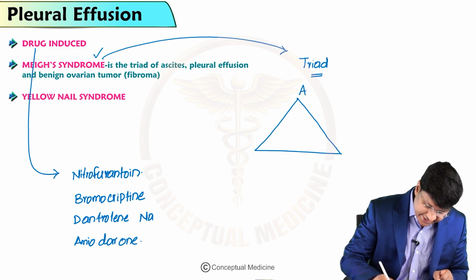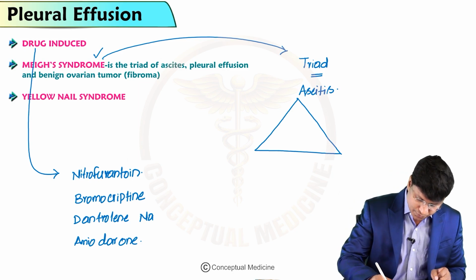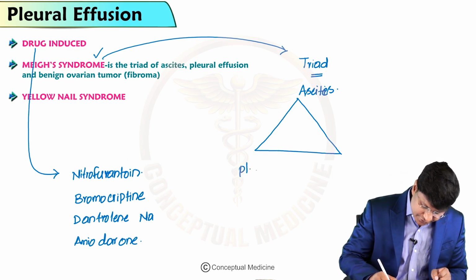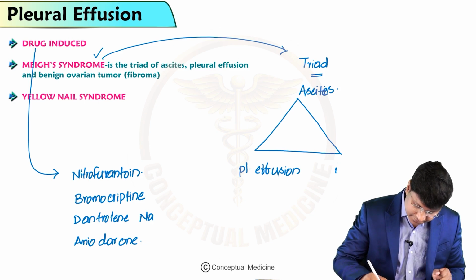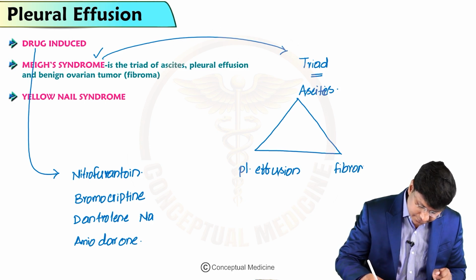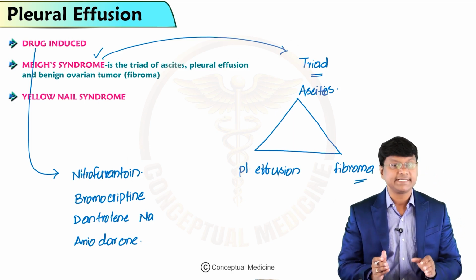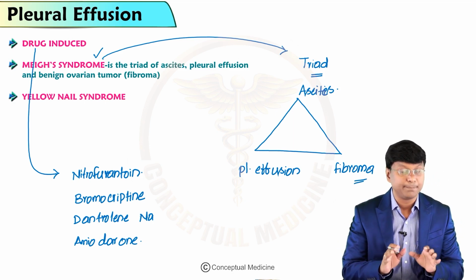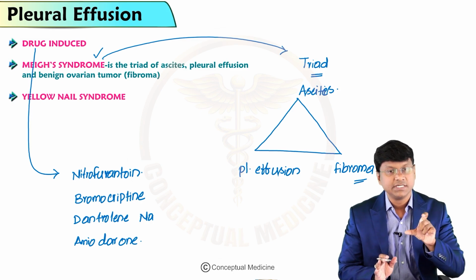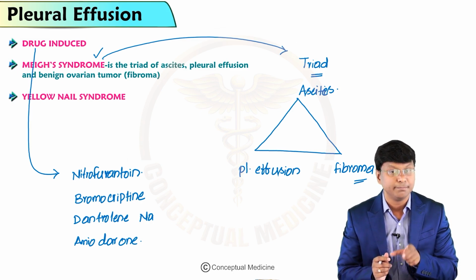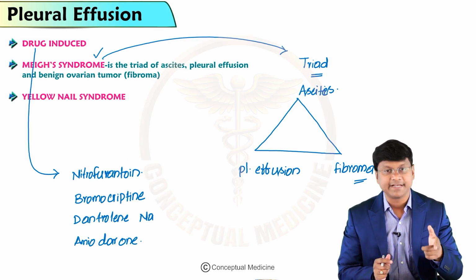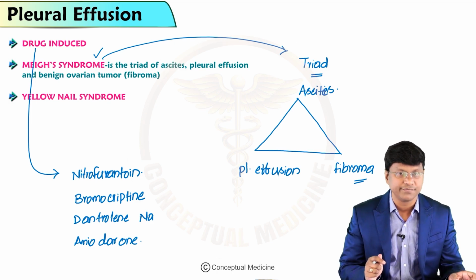It constitutes one, ascites, two, exudative type of pleural effusion, and three, ovarian fibroma. So these are the causes for exudative type of pleural effusion, right? Meigs syndrome is a gynecological disorder. Mainly the individual will start with a benign ovarian fibroma, and then subsequently the individual can have ascites as well as pleural effusion.